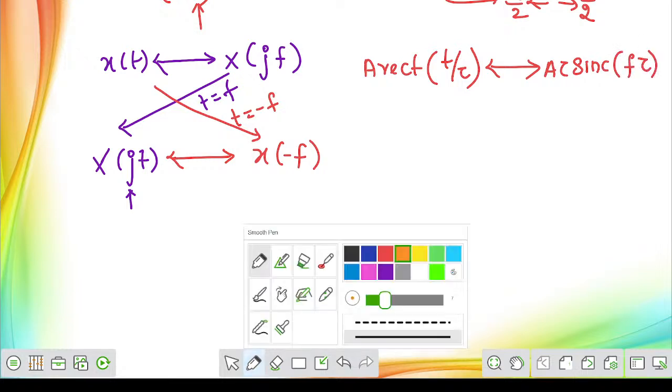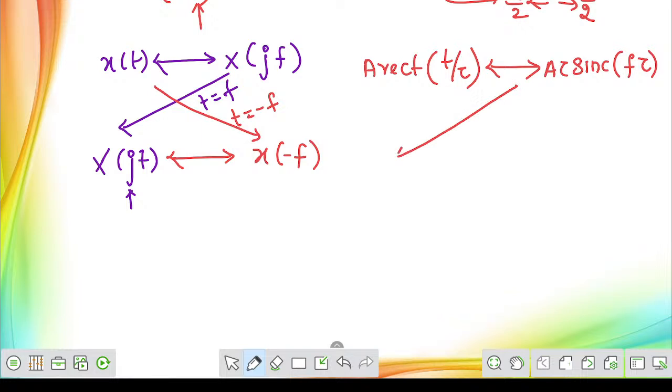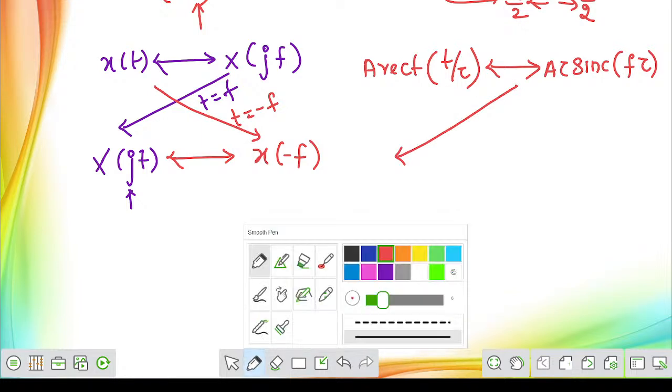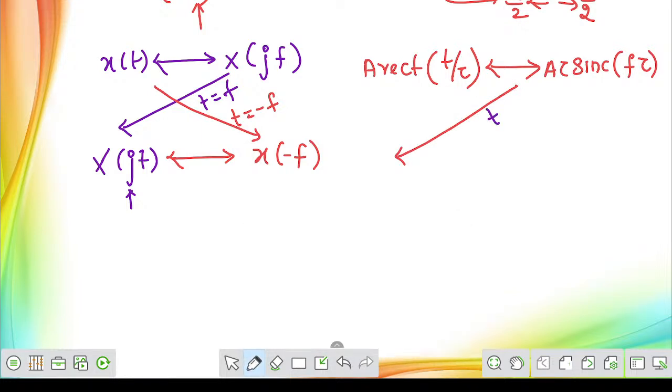Now from here, if you are applying the properties of duality, what we have to do, sir? The first step, replace f by t. f will be replaced by t, such that this can be written in time domain as a tau into sinc of t into tau.